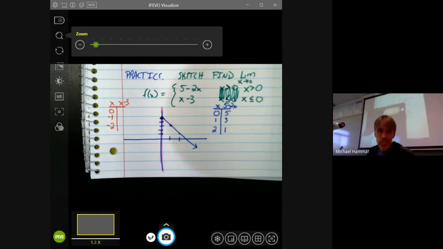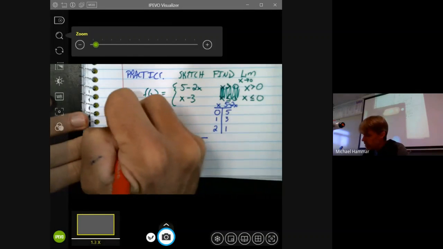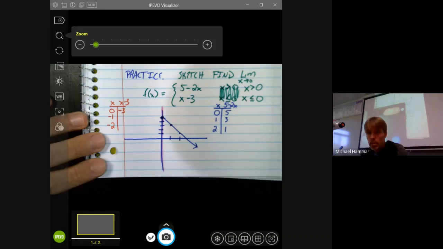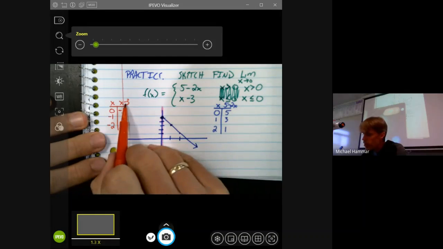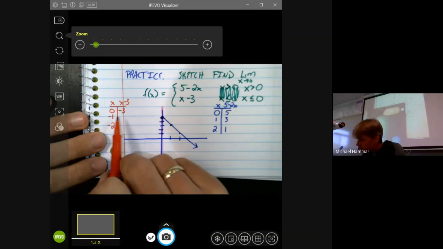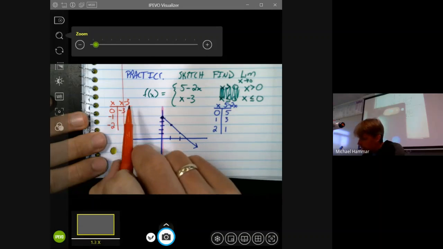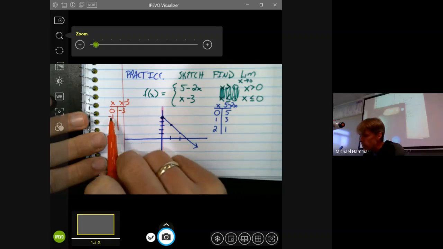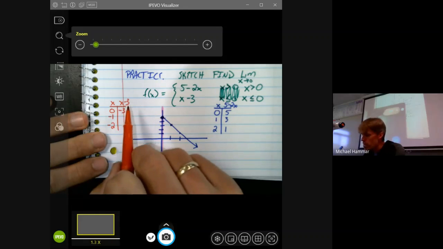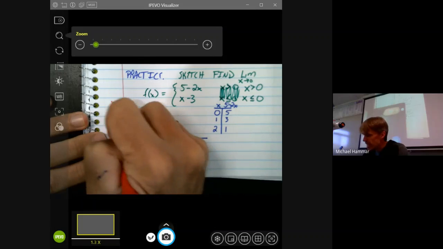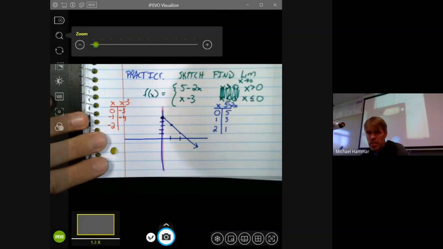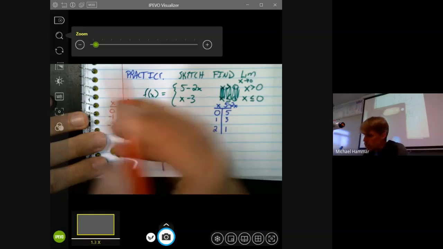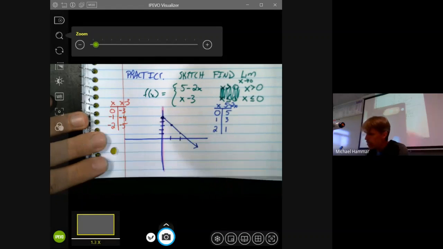It's x minus 3. So when I plug in 0, it's -3. When I plug in -1, it's -1 minus 3, so that's -4. And then I have -2 minus 3, so it's -5.